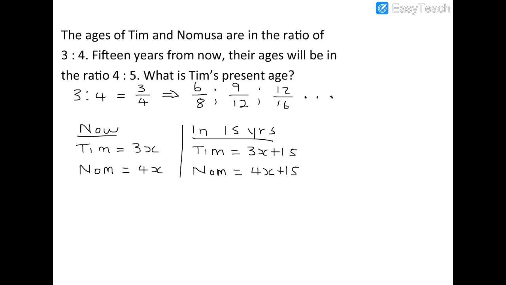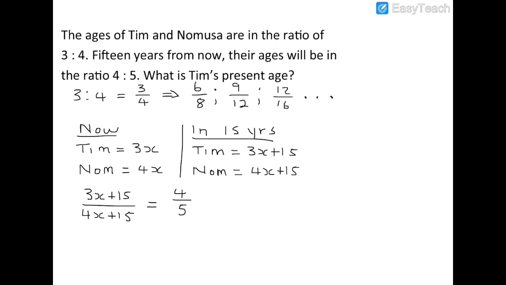Okay, now it continues to say their ages after 15 years will be in the ratio of 4:5. Remember, 4:5 is the same as 4 divided by 5. So we define an equation now, because we know Tim's age, which is 3x plus 15, divided by Nomusa's age, which is 4x plus 15, will actually be equal to 4/5.